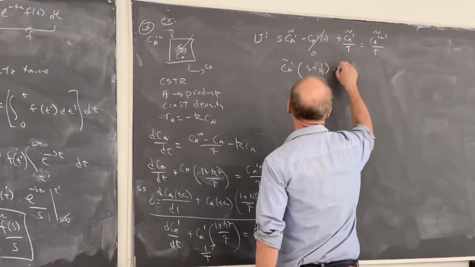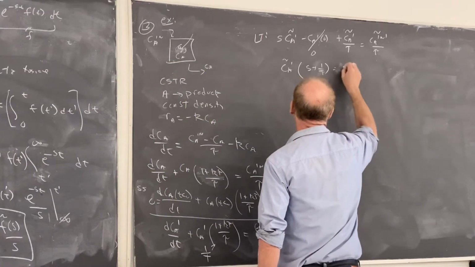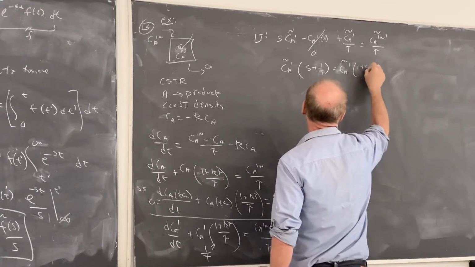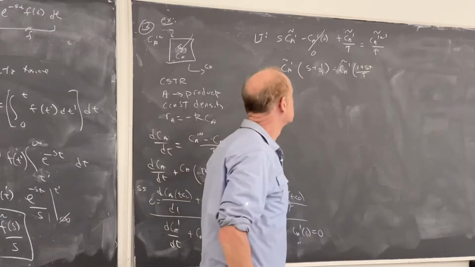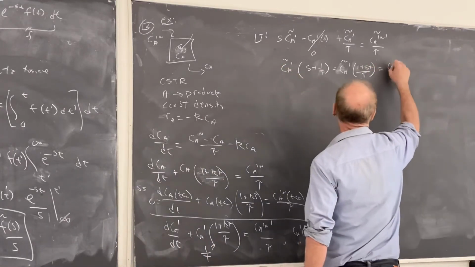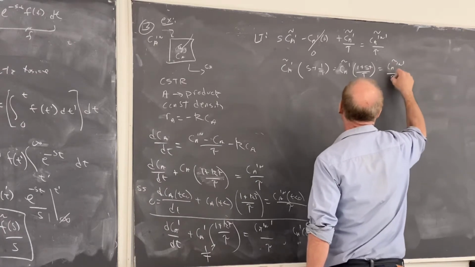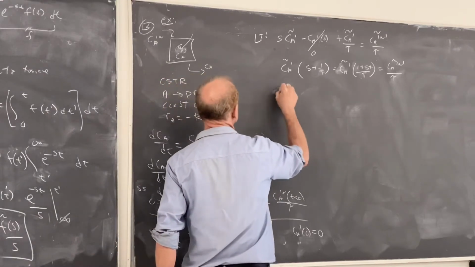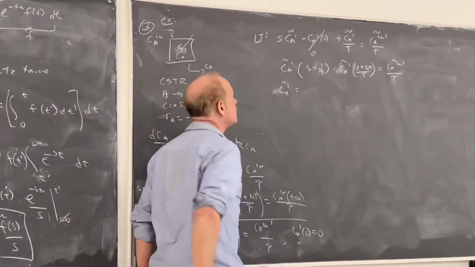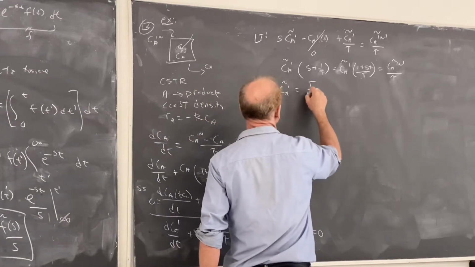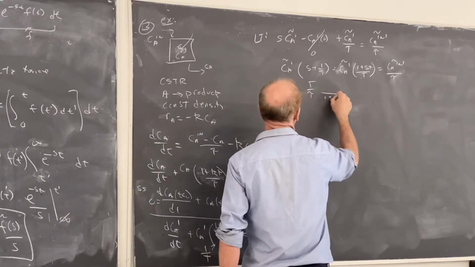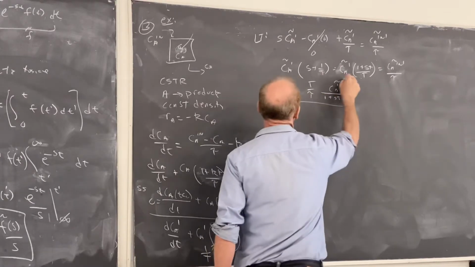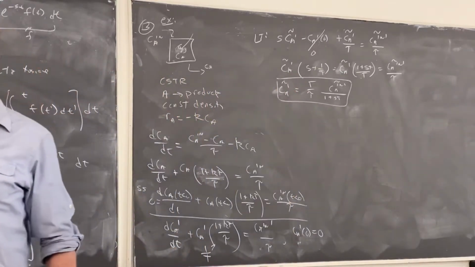This is equal to CA prime tilde times (1 plus ST) over T, which is equal to CA in prime tilde over tau. Well, let's solve for CA prime tilde. CA prime tilde is equal to T over tau times 1 over (1 plus ST) times CA in prime tilde. So I just did a little bit of algebra.